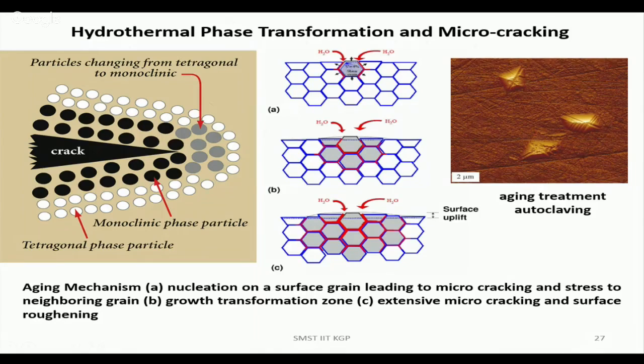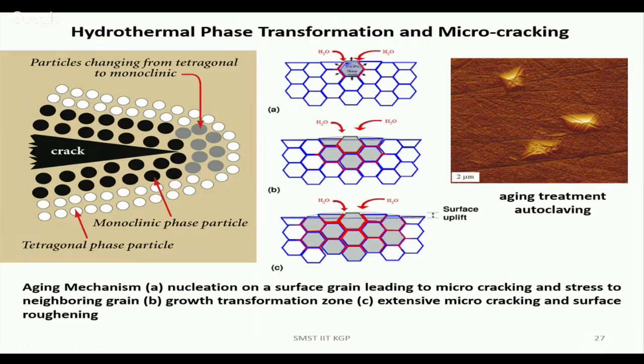So that is how they found that we need to use a different doping agent for partial stabilization, to have cubic zirconia, monoclinic and tetragonal, so that we do not have hydrothermal phase transformation. In recent times, scientists are using silica as a doping agent that helps to avoid the hydrothermal phase transformation, but you still have transformation toughening.